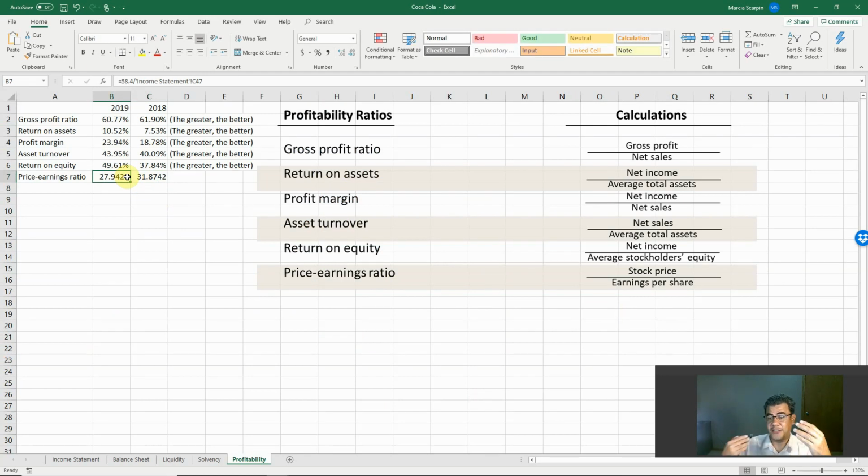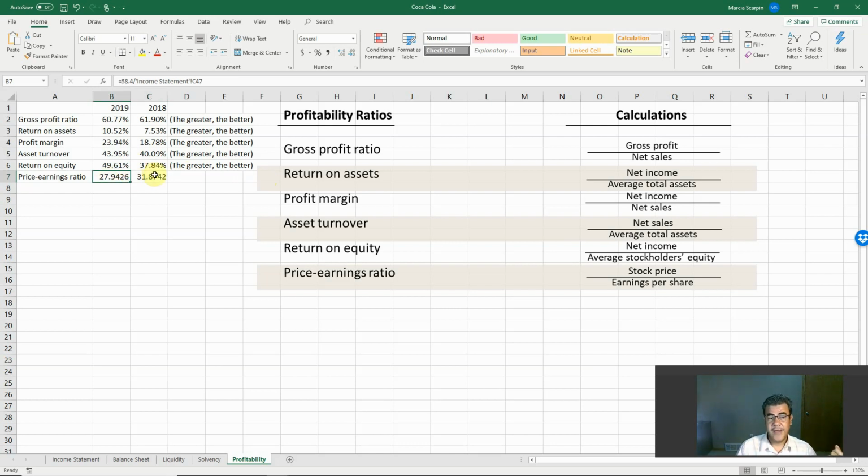So our stock price is 27 times our earnings per share. On 2018 is 31. So it is 31 times our earnings per share. So it is a little bit cheaper now.